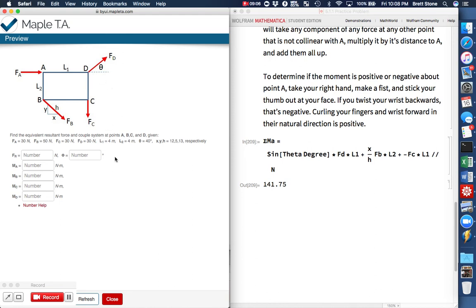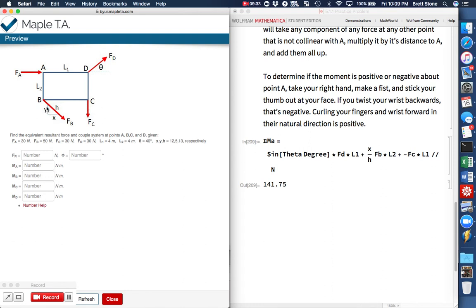It's going to go clockwise, right? So it's going to cause a negative moment about point A. And we can add that moment to the moment caused by the Y component of FD, and if the Y component of FD happens to be bigger than FC, which is all Y component, then we'll have an imbalance there. If they equal each other, then it's zero, right?